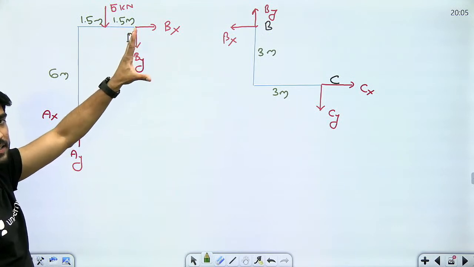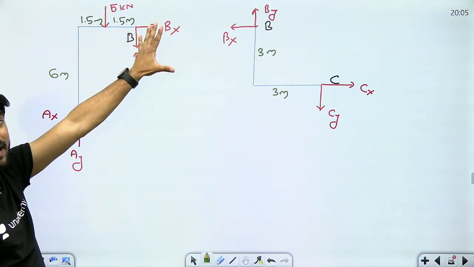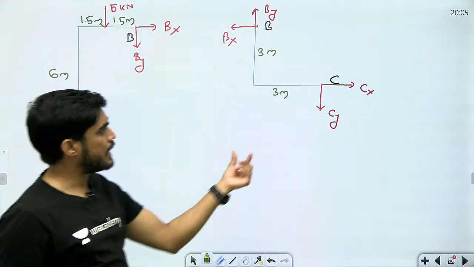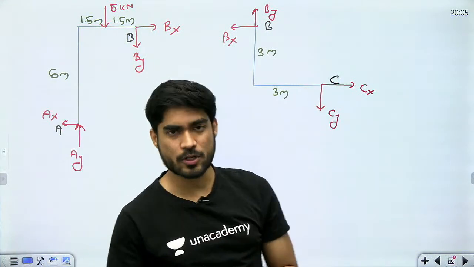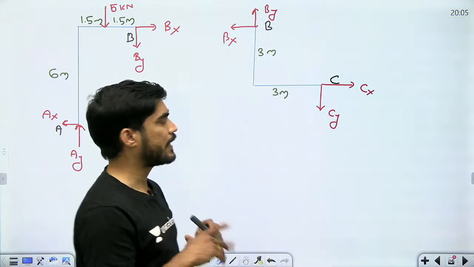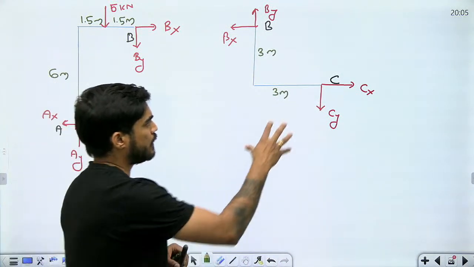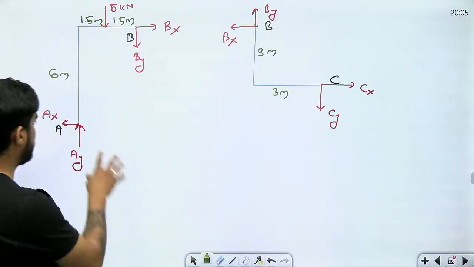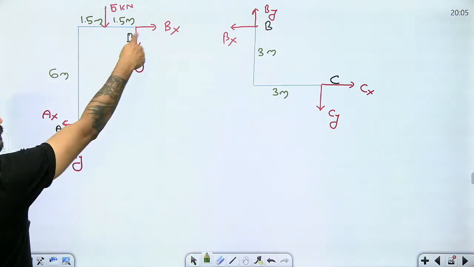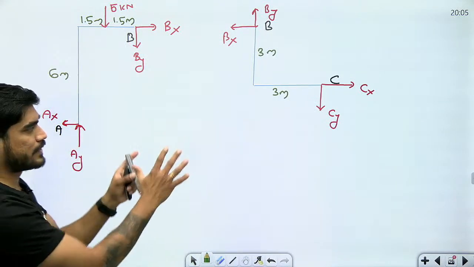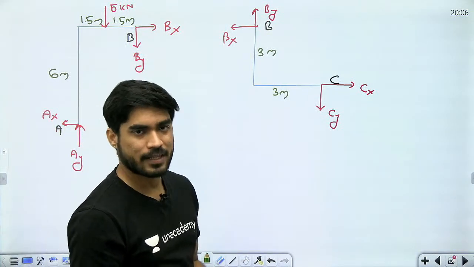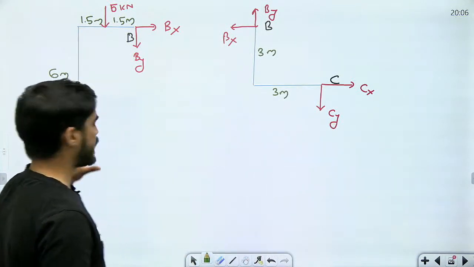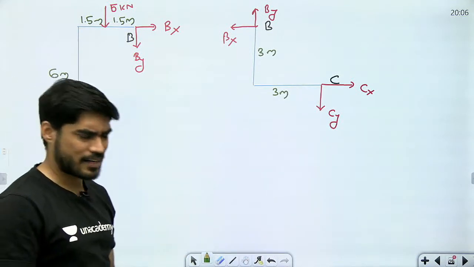So by those relations, I can calculate Bx and By. Once I get Bx and By, I will get Ax, Ay as well as Cx, Cy. Understand what approach I am suggesting. Take moment at C in this one, you get a relation on Bx, By. Take moment at A in this one, you get a relation on Bx, By. Solve both relations and you get Bx, By. Once you get Bx, By, how much time will it take to find Cx, Cy and Ax, Ay, right?